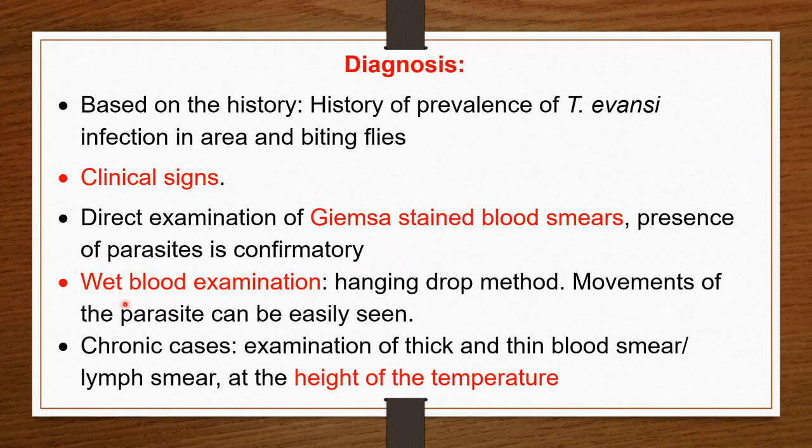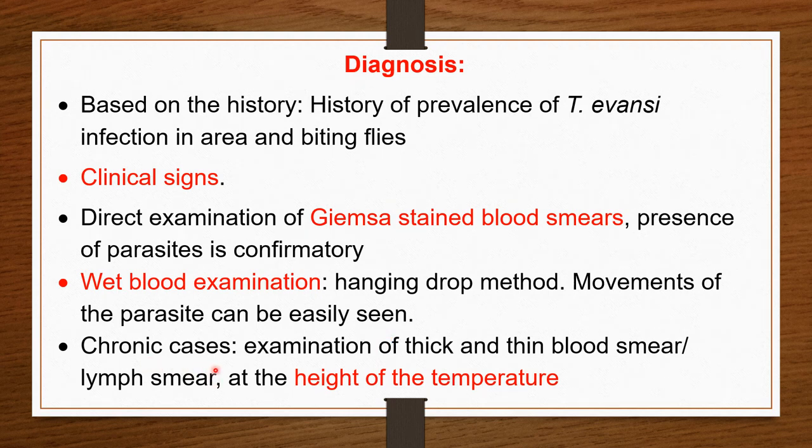Another examination is wet blood examination, or wet mount examination, or hanging drop method. In the wet preparation, live tryps are seen. The movements of the parasite can be easily seen. It catches our eyes. This is also a confirmatory diagnosis.